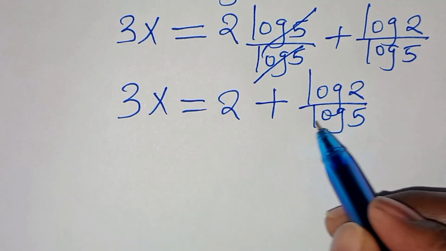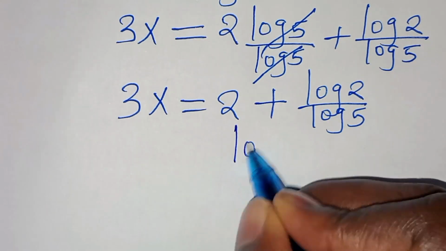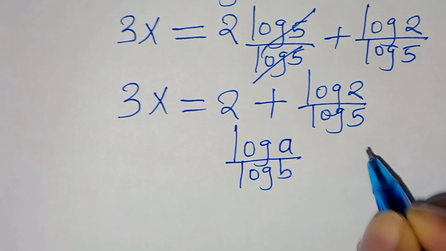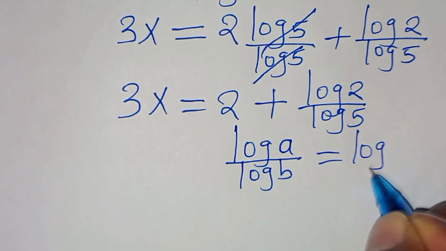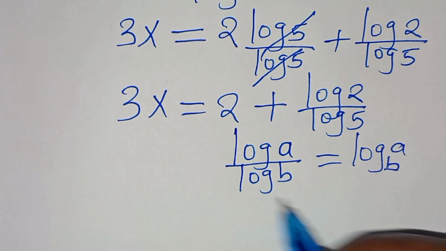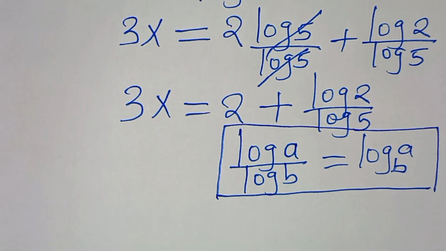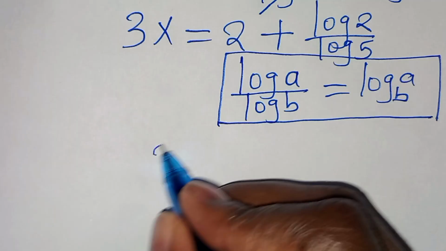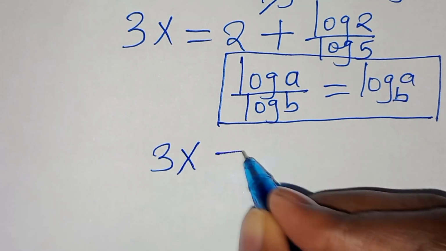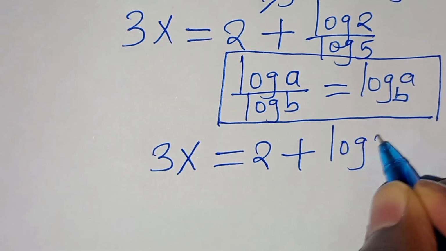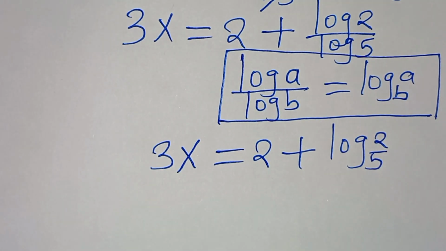Now, log 2 divided by log 5 is in the form of log a divided by log b, which we can express as log a to base b. So let's apply this logarithm property so that we have 3x equal to 2 plus log 2 to base 5.